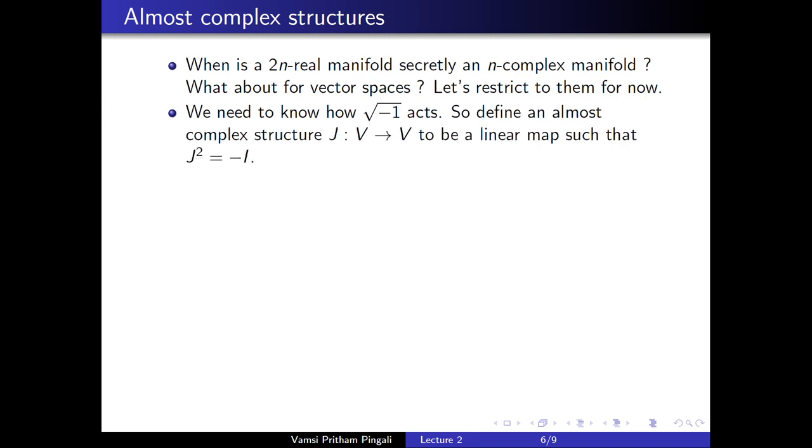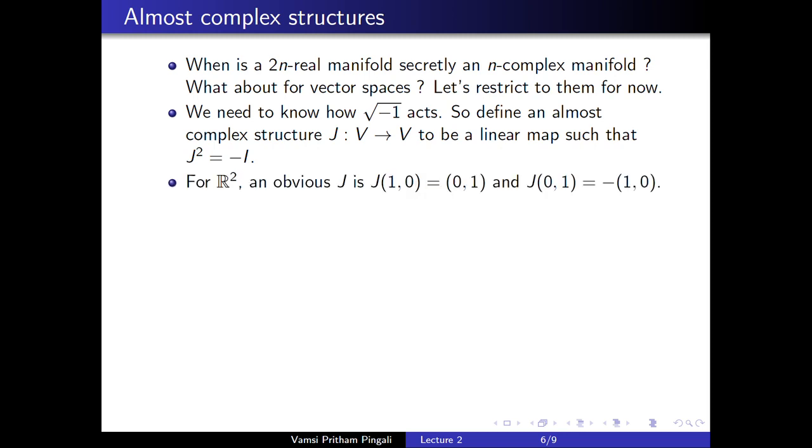So how would square root of -1 act? Well, it better act R-linearly. Moreover, square root of -1 squared is -1. So taking this as motivation, define an almost complex structure on a real vector space to be a linear map J such that J squared is minus identity.